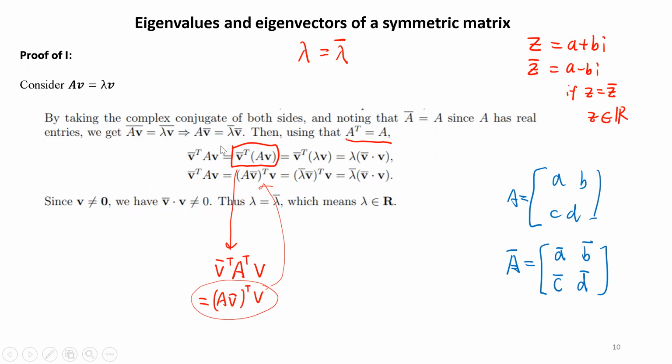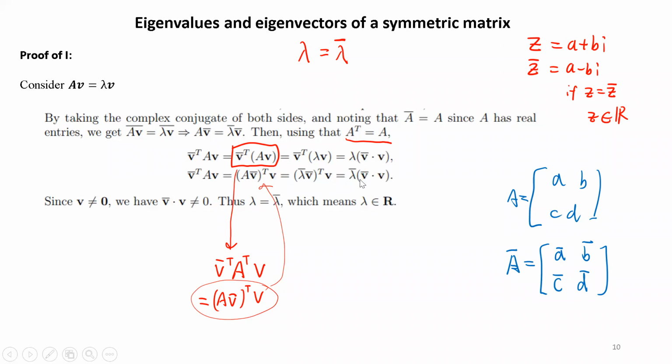So we start with the same expression, and then we obtain two slightly different results. The first one is lambda times this dot product, and the second one is lambda conjugate times the second dot product. So that means this has to equal this.